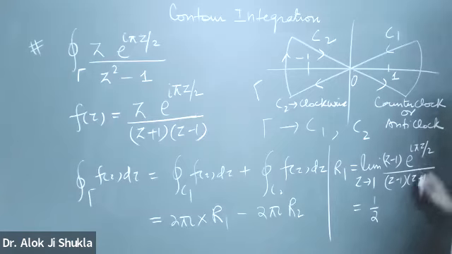Sir, z will come in the function, right? In f(z) there is a z, so z into e raised to I pi z by 2. Z is also there. Okay.